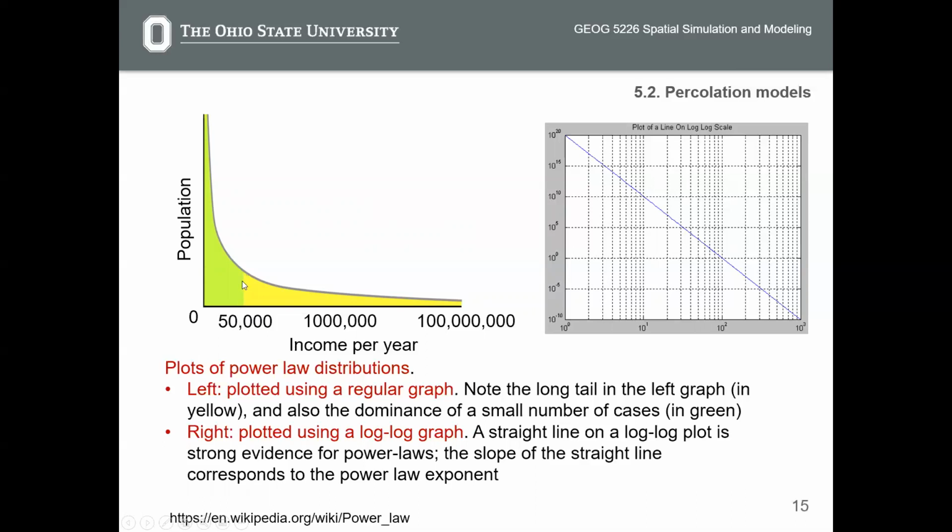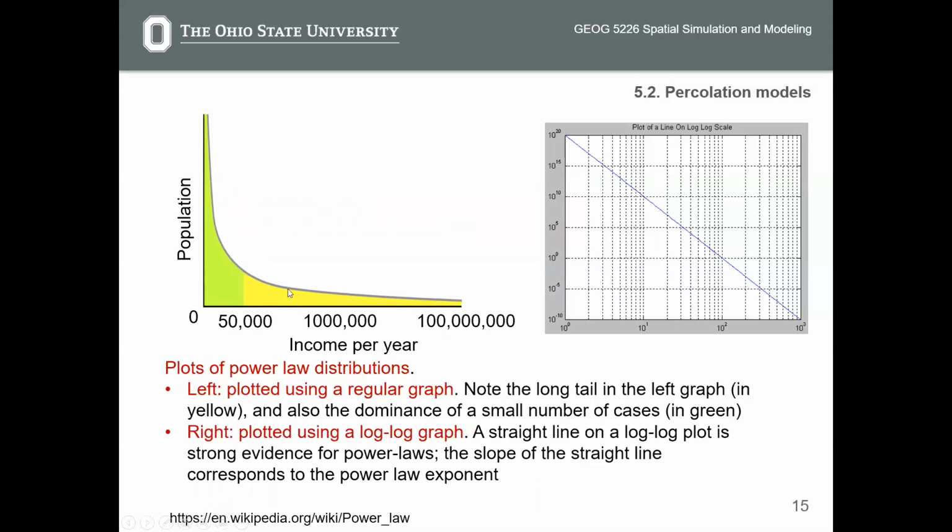Most people have an annual income around this value, and a lot of people have an annual income well below this value. So the vertical axis is for population, or you can say the number of people with a specific annual income, and the horizontal axis is for the specific value of annual income.